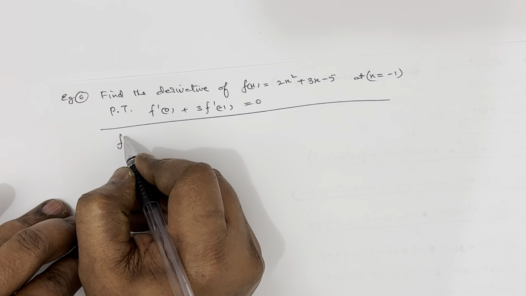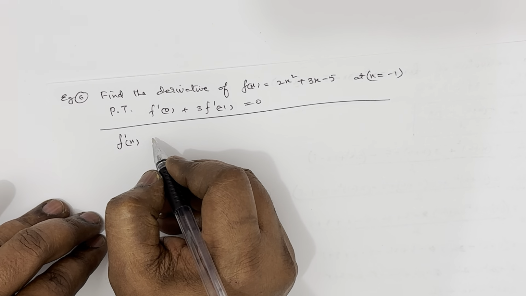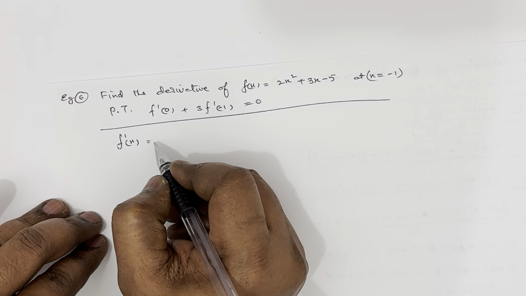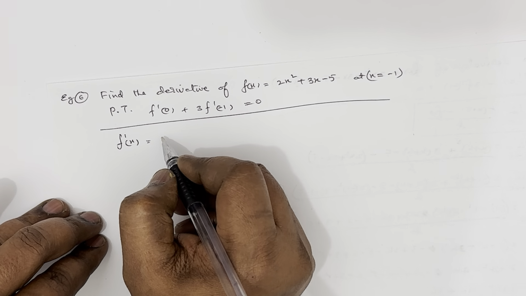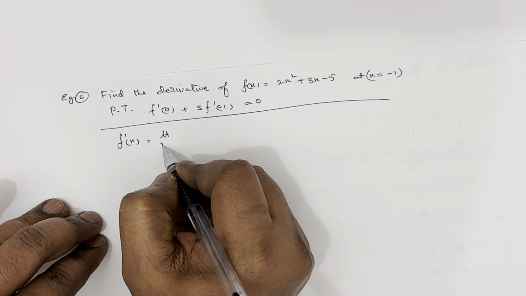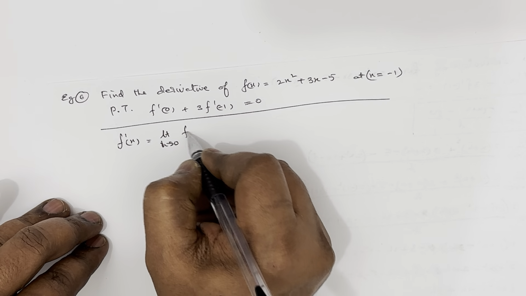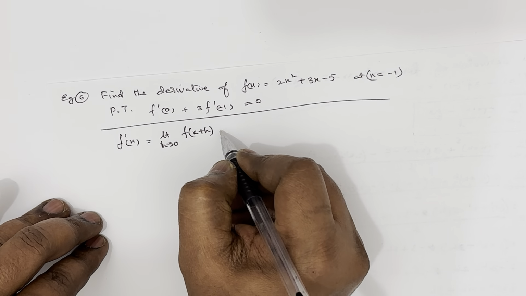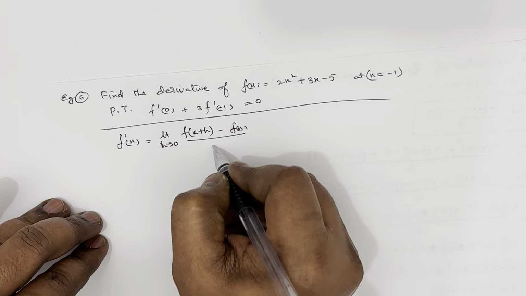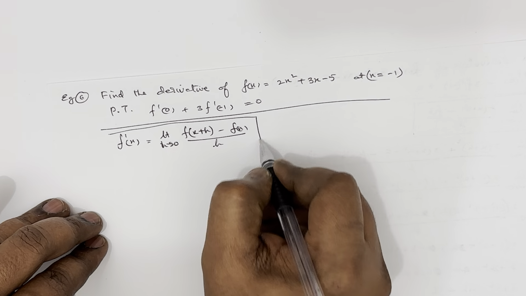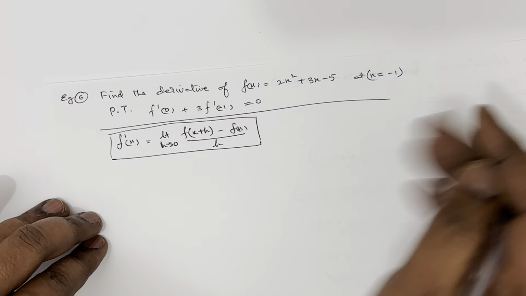As you know, the first principle derivative formula, that is f dash of x, is equal to limit h tends to 0 of f of x plus h minus f of x upon h. Okay, this is the formula.